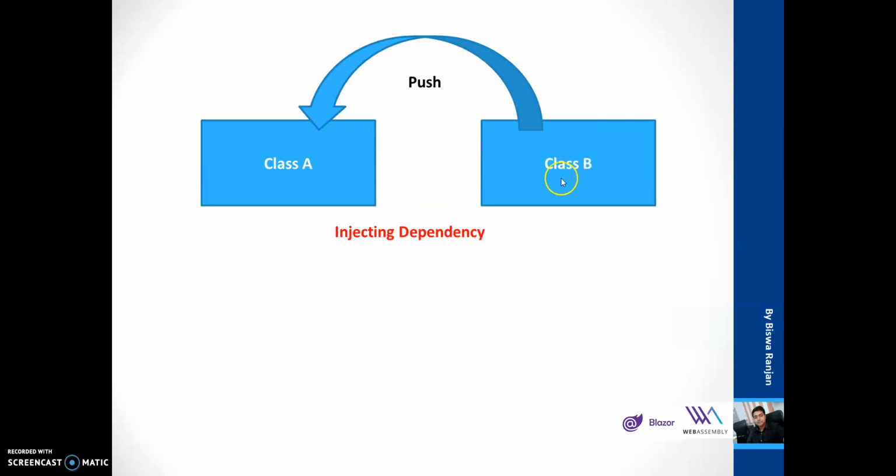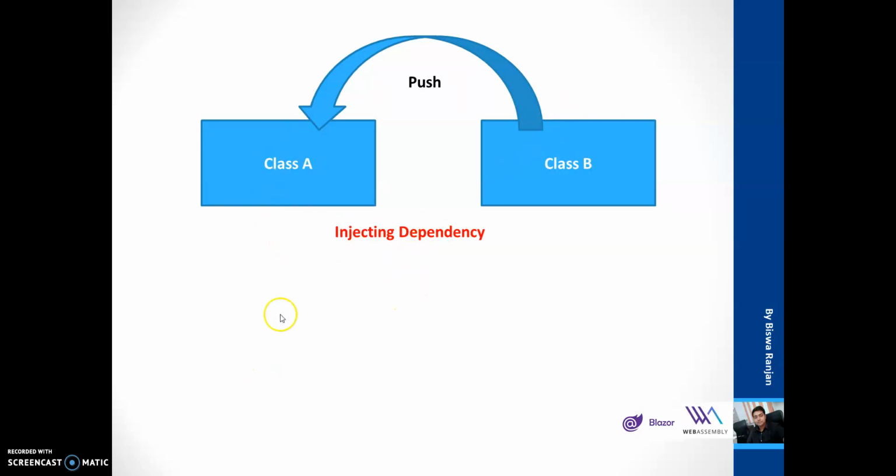But when we push the data, properties and all the behavior of class B to class A, this is called injecting dependency or dependency injection. No need to initialize the class. From the outside we will push all the properties, behavior and methods of class B inside class A. This is dependency injection.